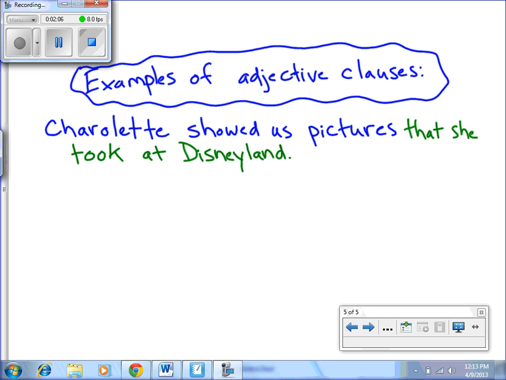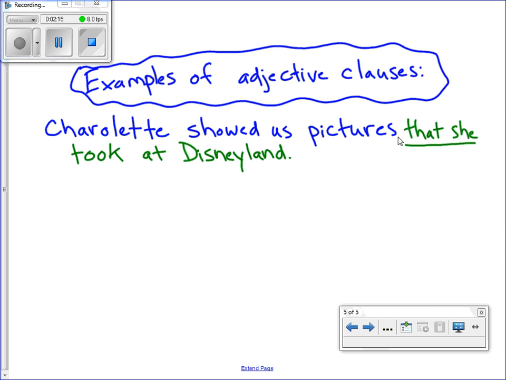I'm going to give you some examples of adjective clauses. Charlotte showed us pictures that she took at Disneyland. That she took at Disneyland is our adjective clause. Notice it has a subject in the clause, she, and a verb, took.